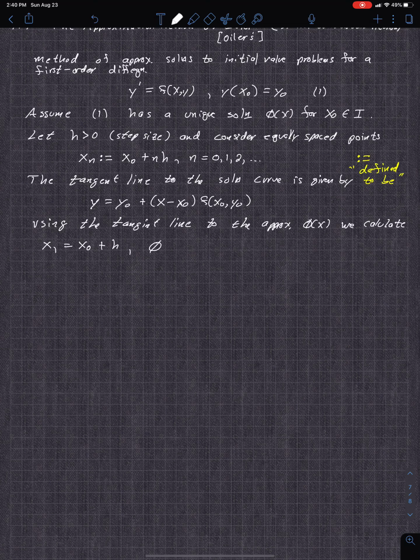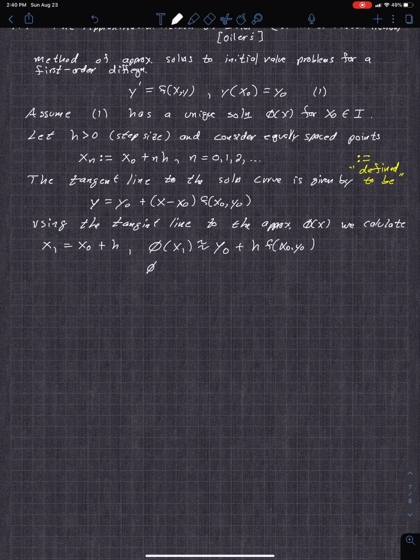And then phi of x1 is approximately y naught plus h times f of x naught, y naught. And then you do that again.